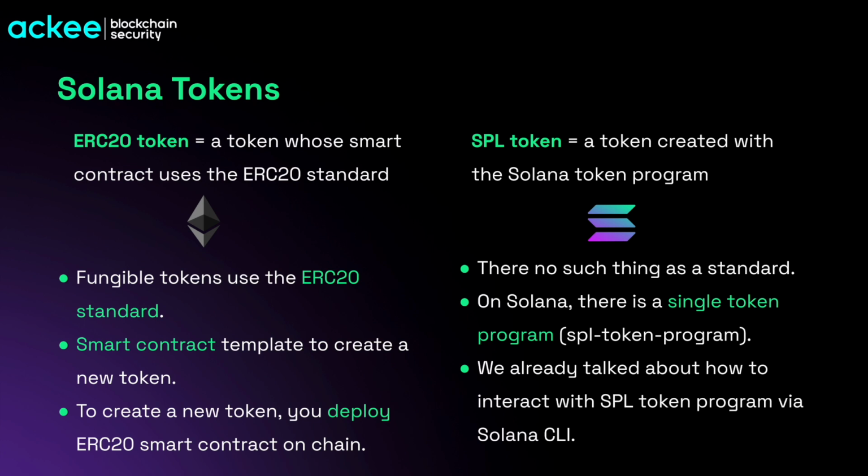That means that every token on Ethereum is a separate smart contract, and to create a new token, we need to deploy an ERC20 smart contract on chain. That means developers have a little bit more freedom in creating different tokens on Ethereum, but that also introduced a lot of security issues.